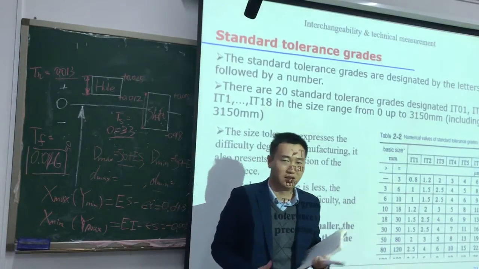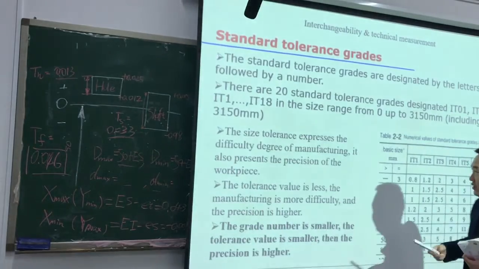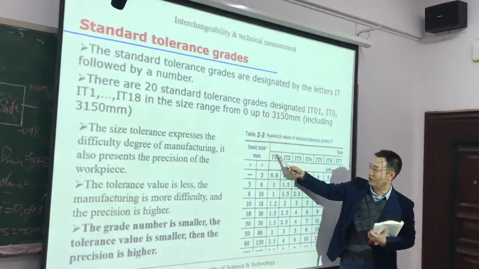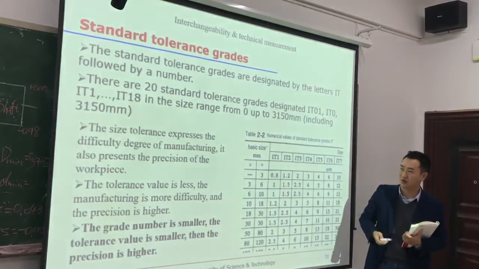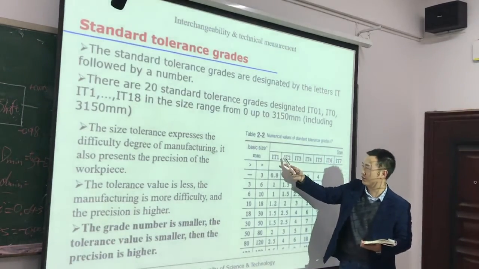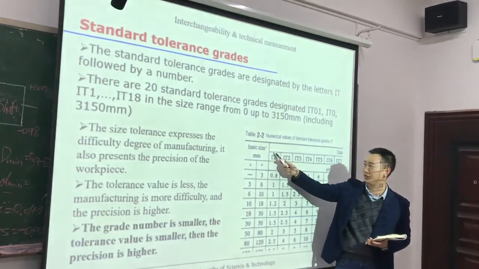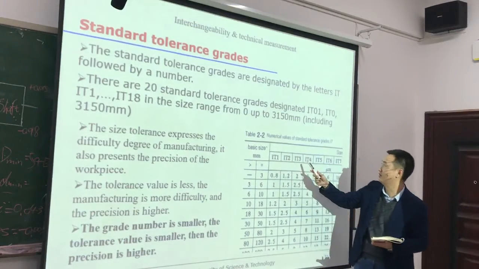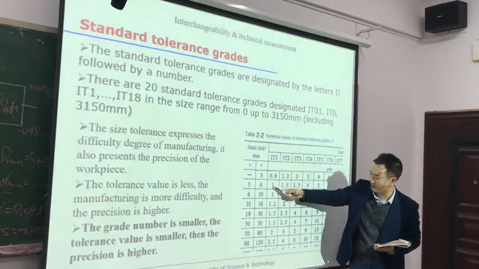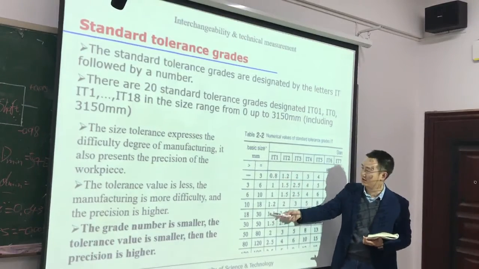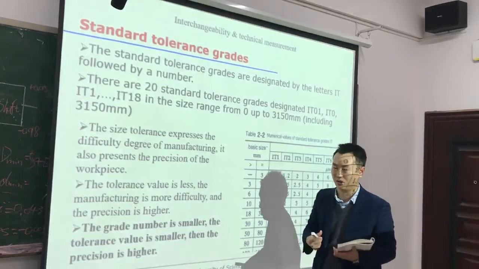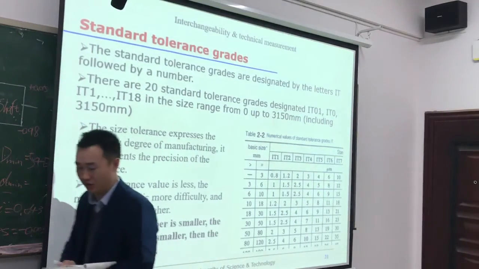It is picked according to ISO standards. That's why we talk about the standards here. When a certain standard tolerance grade is specified, we can find the exact tolerance value using this table.